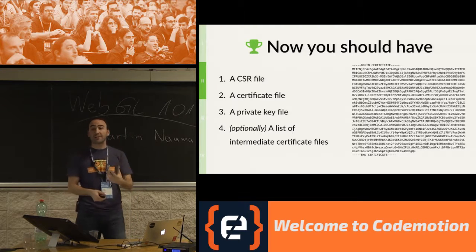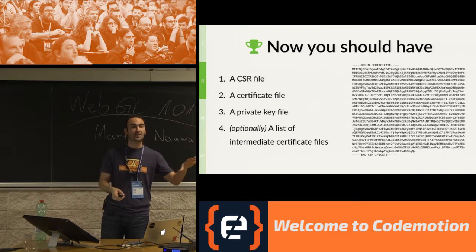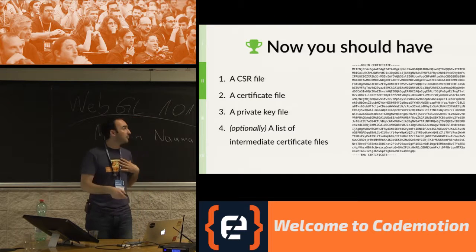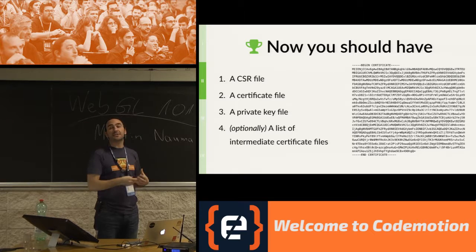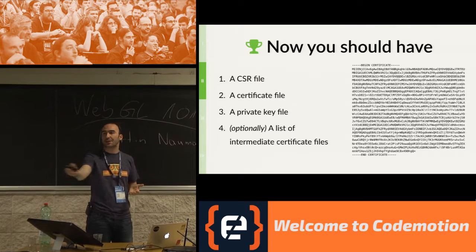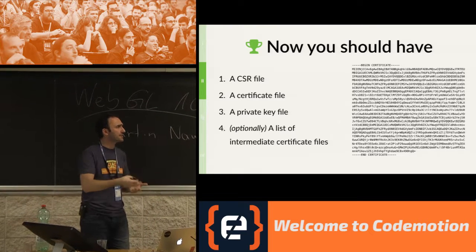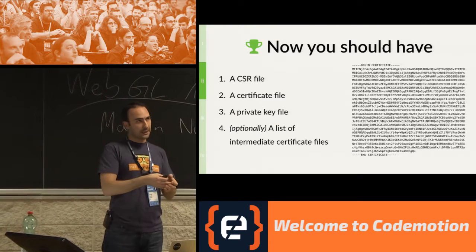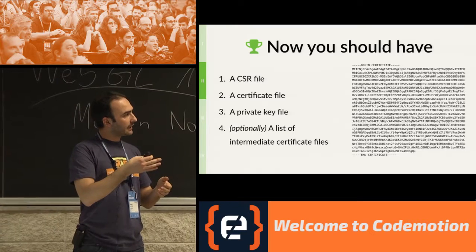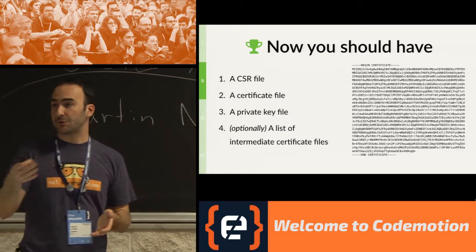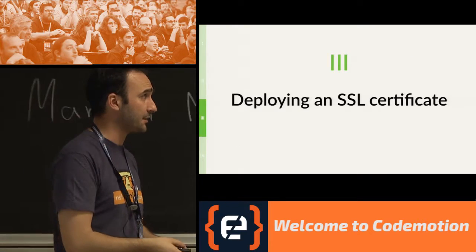You will have a private key that you won't distribute. You will have to keep it secret, because the public one will be inside the certificate, and that's what you will deliver to the audience. And optionally, you will have a list of intermediate certificates that will help the browser to trust your final certificate.